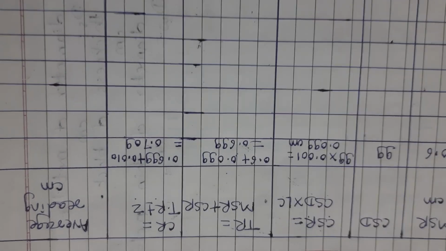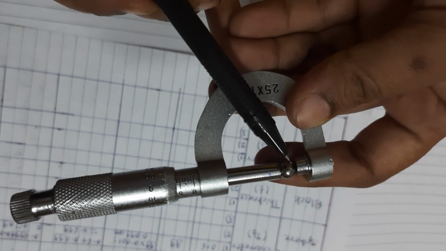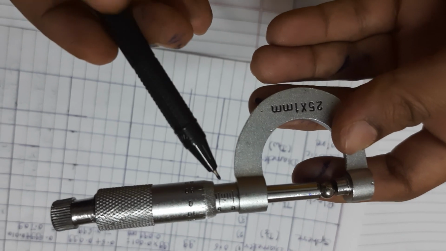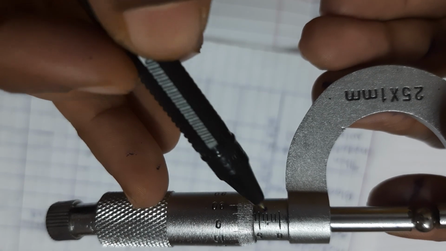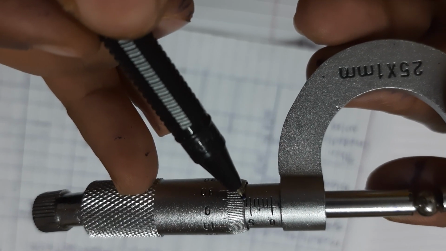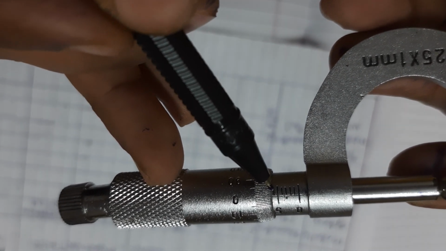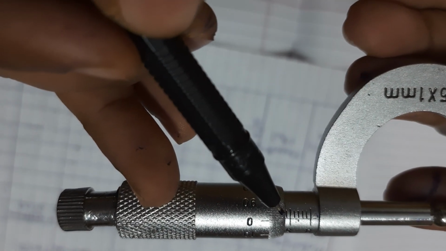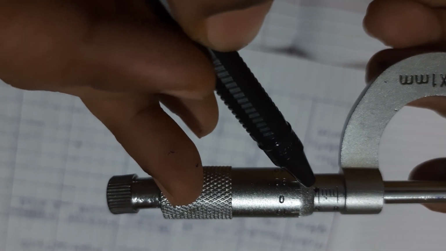If we hold that metal sphere many times, that metal sphere is the same and that micrometer screw gauge is also the same, therefore we again get the same readings. The edge of the circular scale is coinciding on the 6 number division, so again we get 0.6 centimeter as the main scale reading, and the 99 number division is coinciding on the axial line.